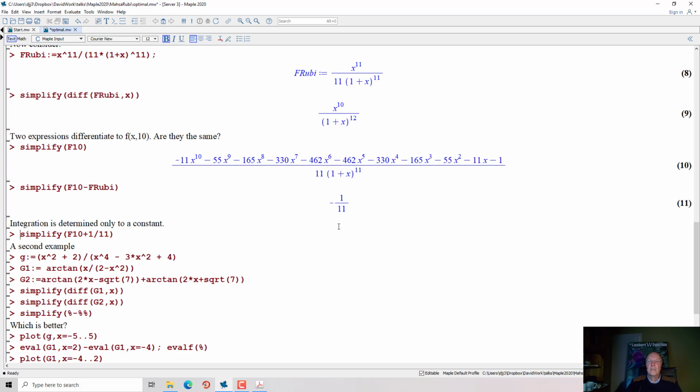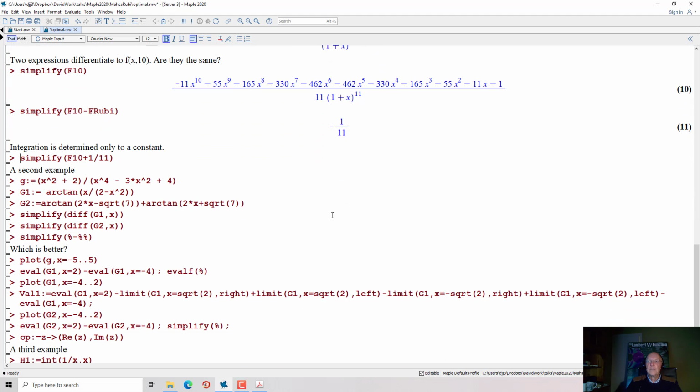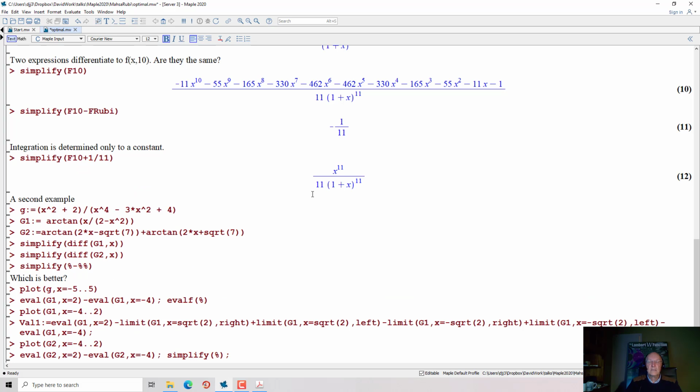Well, we have already said that an integral is only determined up to a constant, and here there is a difference. So what happens if I take this constant and I add it to f10? Well, I get the simple result from Ruby. The point is, Ruby has gone to the trouble of investigating all possible integrals of x to the 10th over 1 plus x to the 12th and discovered this special case which is particularly simple.